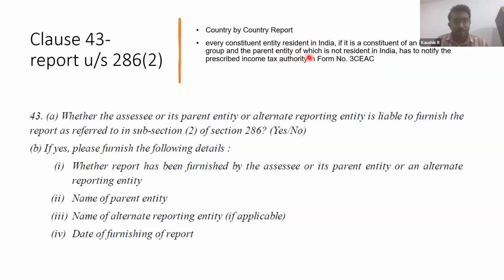Is it clear? Any doubts here? There will be an international group, and if any one entity is in India, then it has to report the whole international group related transactions here. Is it clear? Any doubt here?